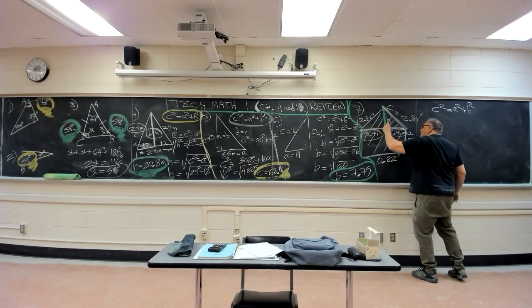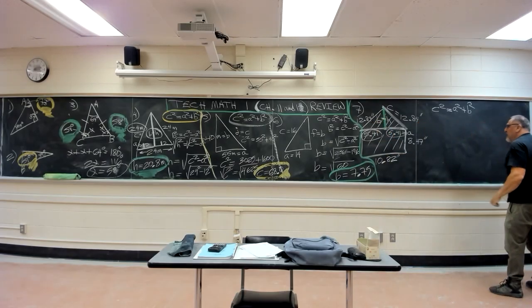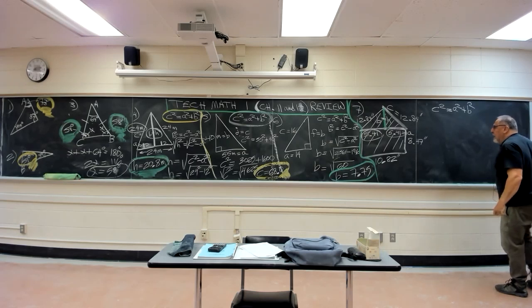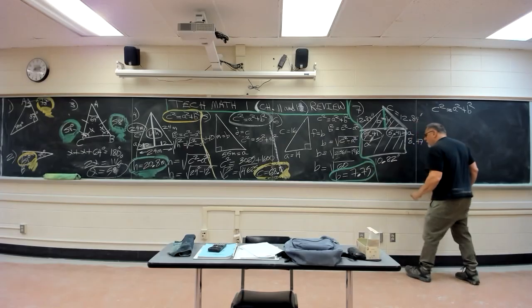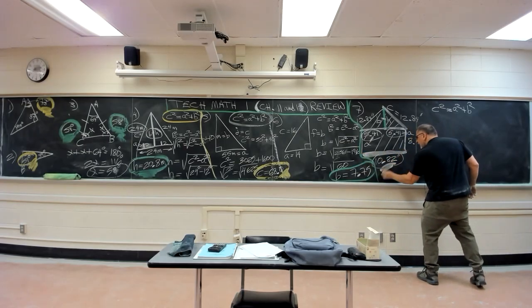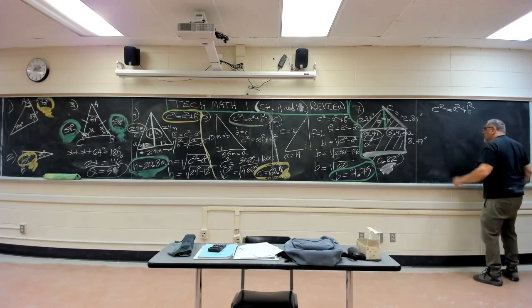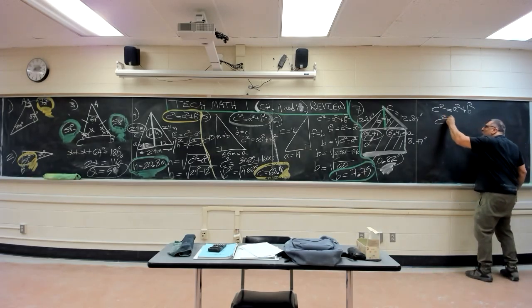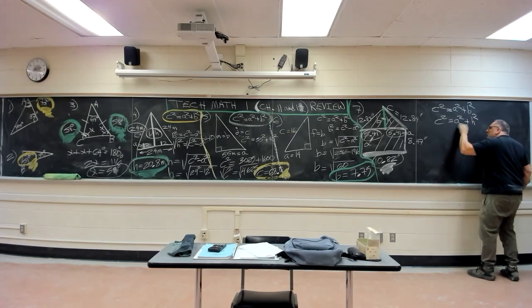Let's call this c. Let's call that b. And we'll take it from there. This is also a. Not really important. 2a makes the whole thing. That's this whole thing. Okay. We're going to solve for b, which is the same as h.